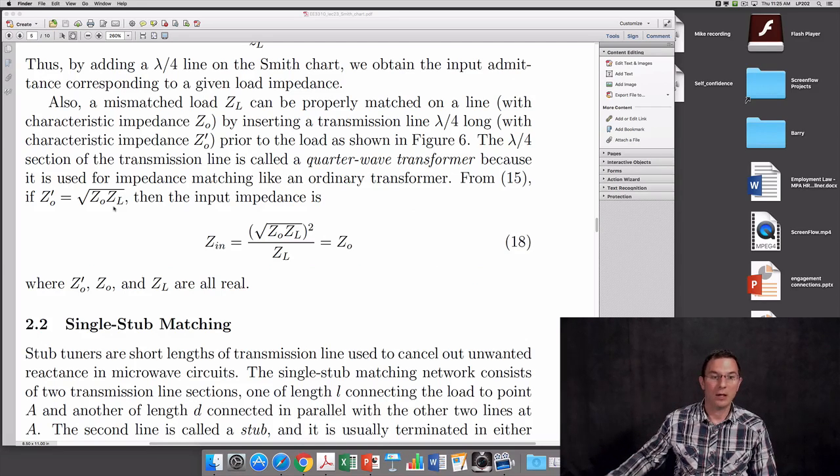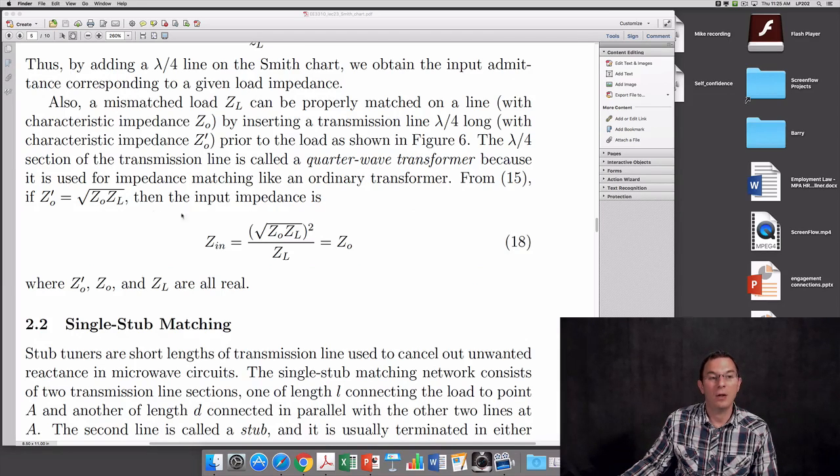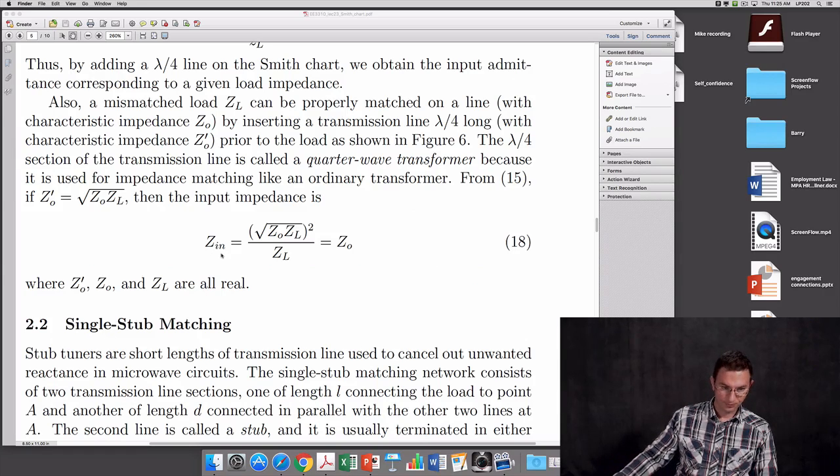And again, going back to our original equation and now substituting in the square root of Z naught and ZL where we used to have Z naught, suddenly you can see that the input impedance, looking into that quarter wavelength transformer, is equal to the square root of Z naught times ZL, squared. So that's just Z naught times ZL divided by ZL.